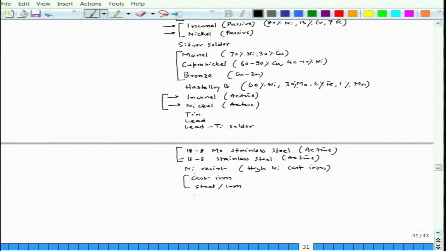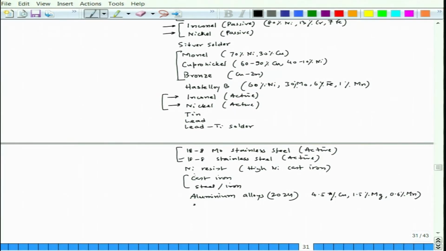Then we have aluminum, and in fact, you can have aluminum alloys, which is 2000 series. Let us say 2020. This is the series, which is nothing but the copper aluminum alloys, which contain 4.5 weight% copper, 1.5% magnesium and 0.6% manganese.